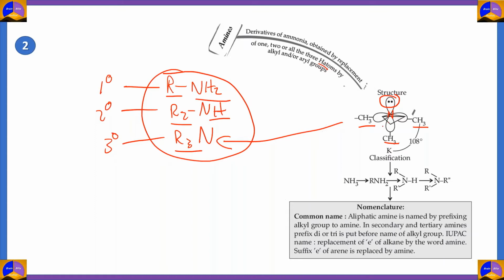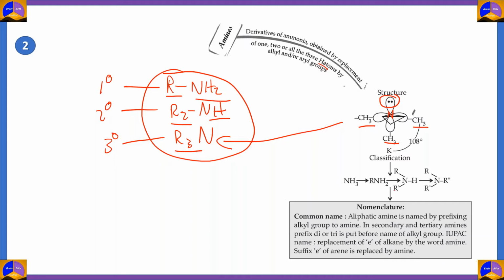And the other 3 electrons are associated with one electron from the hydrogen in the CH3. So all the alkyl groups share one electron with the nitrogen, thereby it completes its octet. The angle between any two alkyl groups present in this combination is 108 degrees.